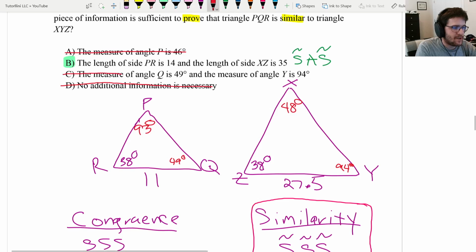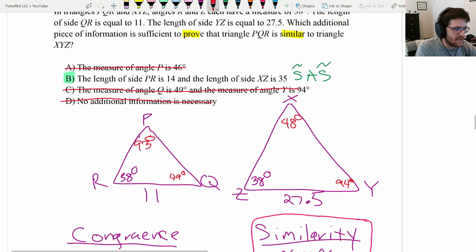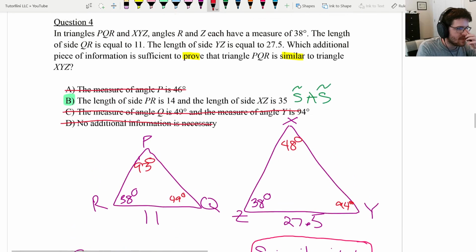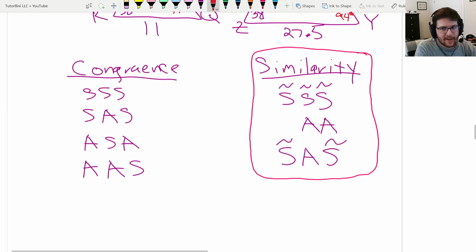So this one is also wrong. So the only one it can be is answer choice B, which I drew before. Side, angle, side, similarity. So you want to make sure you understand all these, but a lot of you probably do understand these. You just don't remember the rules while you're taking the test. So make sure you know all 7 of these rules by heart, and you write them down on your scratch paper at the beginning of the question.